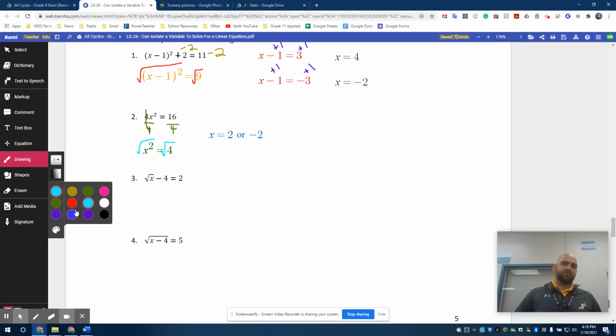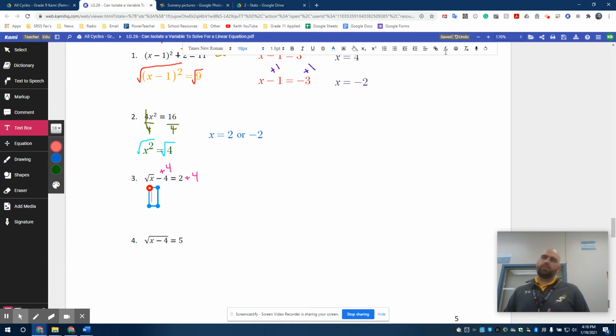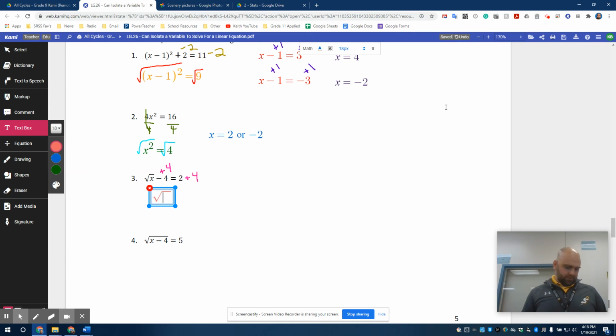What about when we have square roots? In this case here, we have a square root. Again, we need to get that square root all by itself. So we start by adding 4 to both sides. And that's going to leave us with the square root of x is equal to 6.